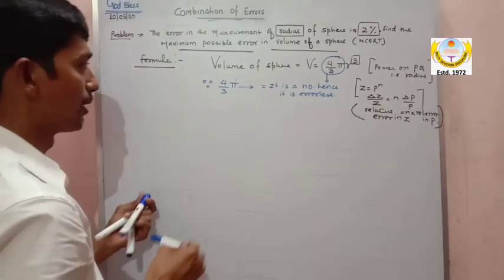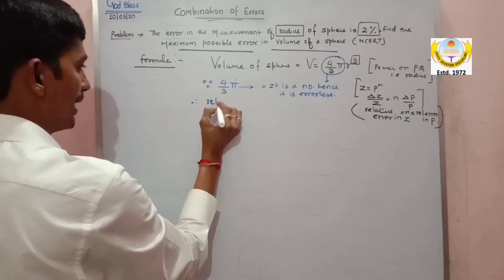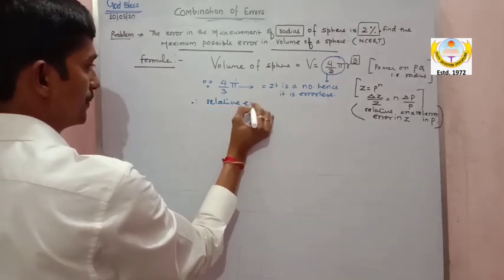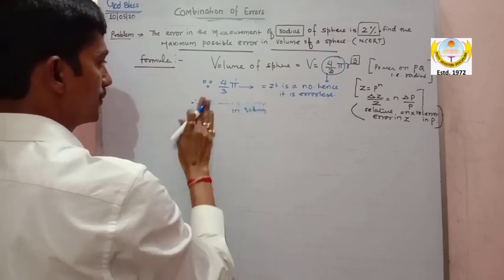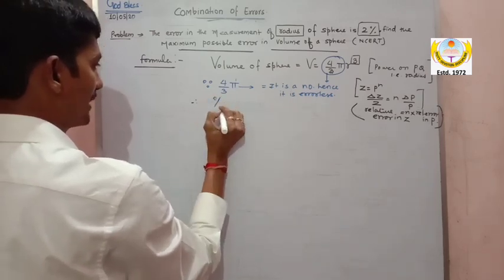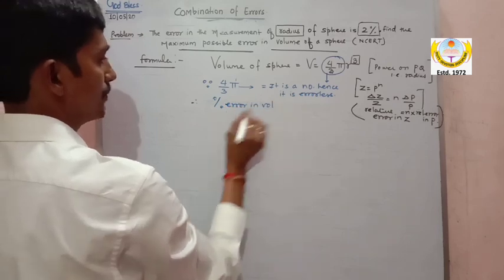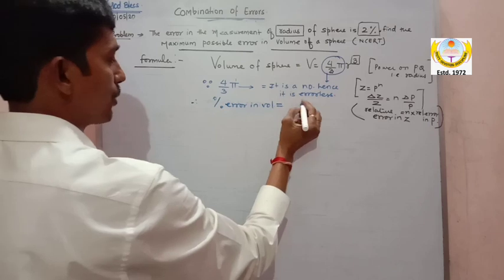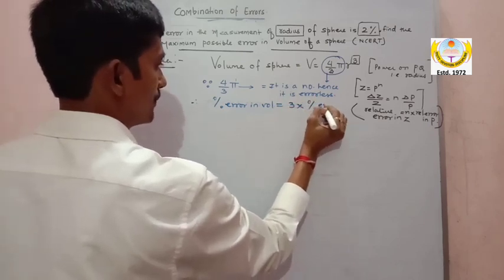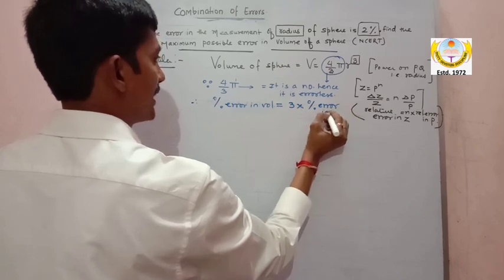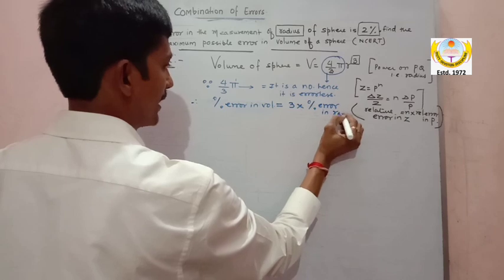So now this will be nothing but, my dear, the relative error in volume, or you can write percentage error in volume, is equal to 3 into percentage error in R, that is radius.